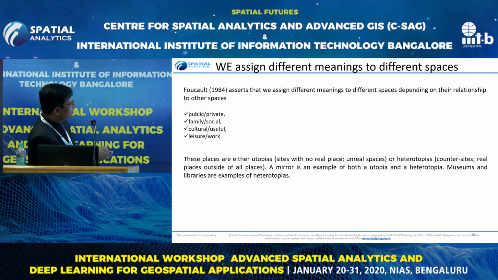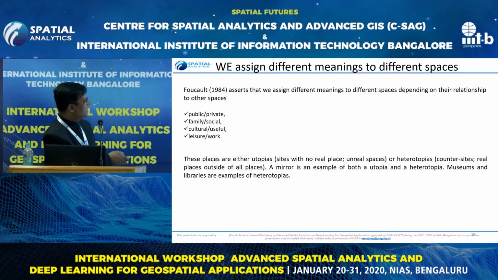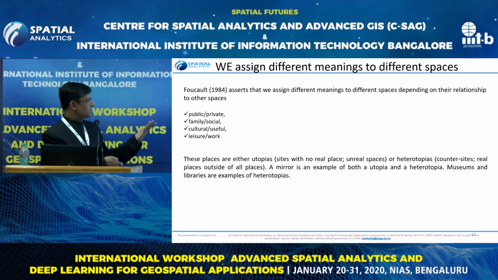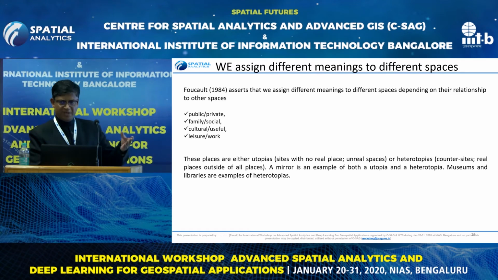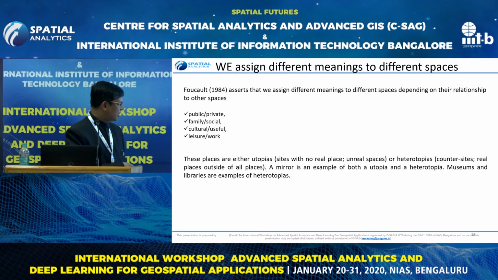Foucault, in 1984, said that there are different spaces, like public-private spaces, such as a market, a family place, like your house, or cultural places, like theater or leisure works. He gave the concept of utopia, which is an unreal space, and heterotopia, which is the counter side.